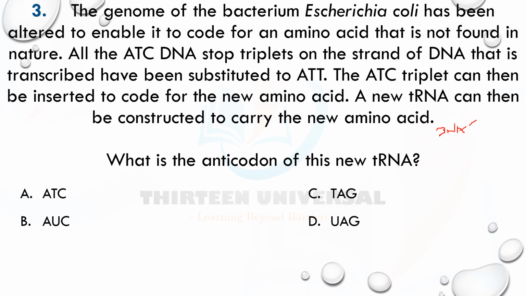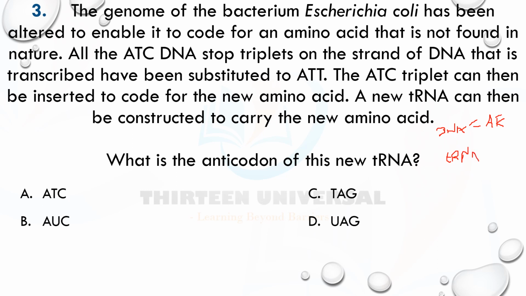Now in our video on nucleic acid, I spent time to explain this. If you have the base triplet on DNA ATC, what would that be in transfer RNA? What would be the transfer RNA anticodon for that?